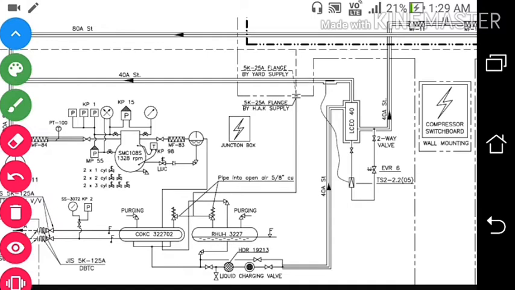Now you can see this one is the dryer, and this is the liquid side glass. If there is any water accumulation in this system, then it can choke the thermostatic expansion valve. That is the reason we use this dryer in the system, because water can freeze on the expansion valve, causing excess pressure on the condenser side and starving of refrigerant to the evaporator.